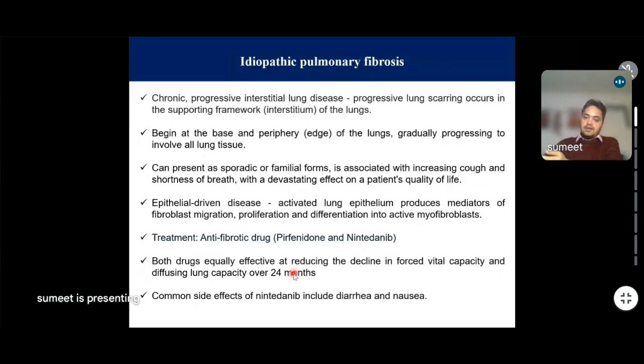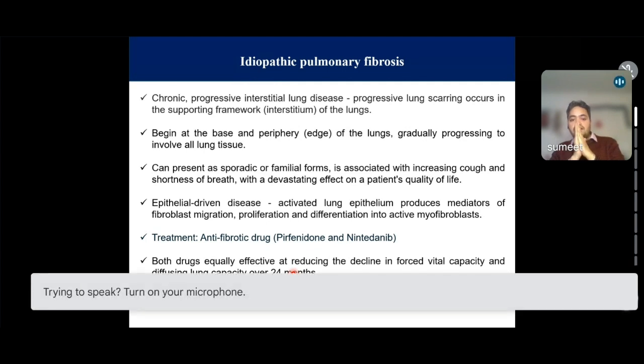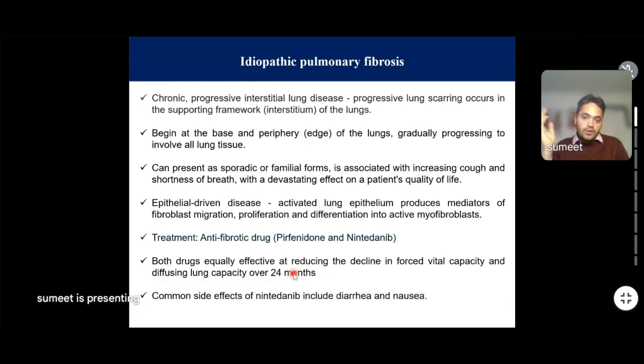So we have the lung, and it starts from the outer side of the lung and at the base of the lung. And this can be present in a sporadic form or a familial form, meaning you can have some familial history, some mutation in the genes, and people might be at risk of developing IPF. Or it could be just a random thing and can happen to anyone.